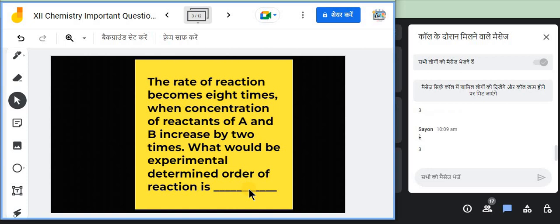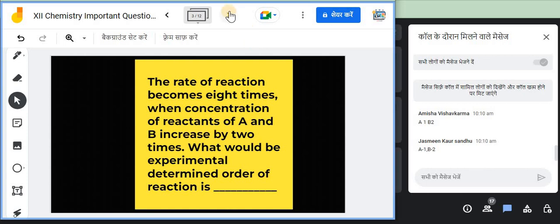And if you increase the concentration of B, the rate becomes 4 times. Then what is the order with respect to A and B? Let me repeat: in the first test, A is doubled with B constant and the rate becomes double. In the second test, A remains constant and B is doubled and the rate becomes 4 times. Students have already written the answer: order with respect to A is 1, with respect to B is 2. We need to know these numericals if you are not clear.